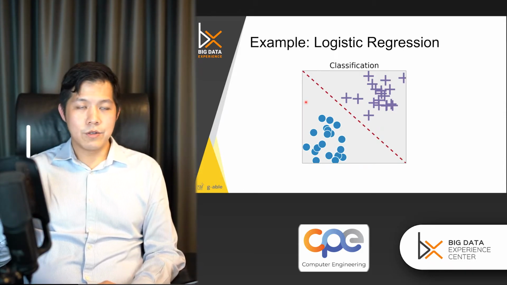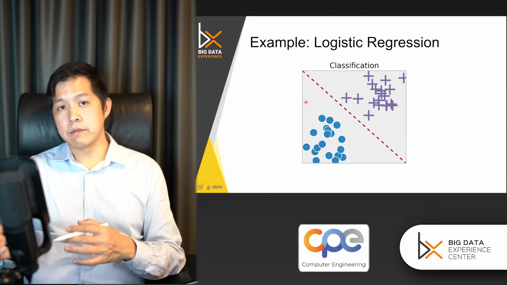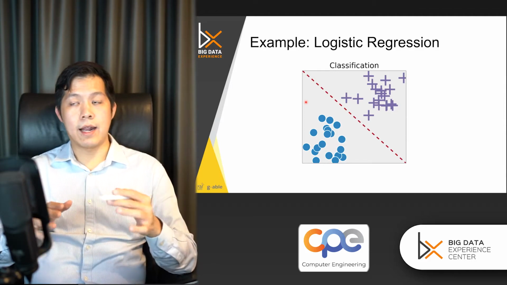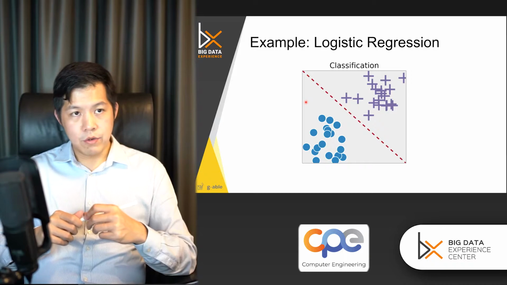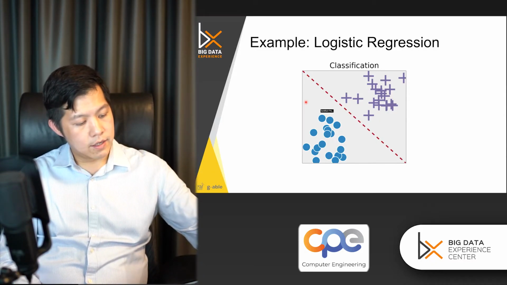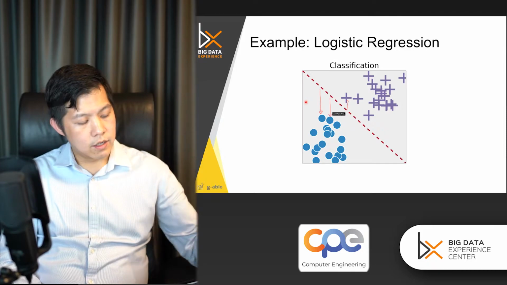You know that a line is usually defined as y equals mx plus b, right? So we want to find that line, and that line will separate the data. In logistic regression, we usually consider the distance from the line to the points.